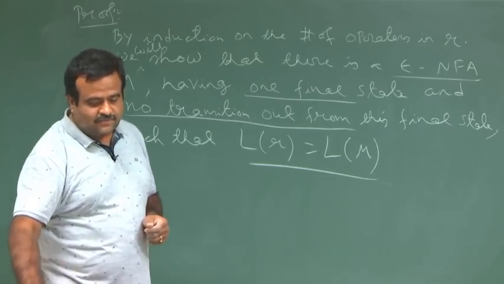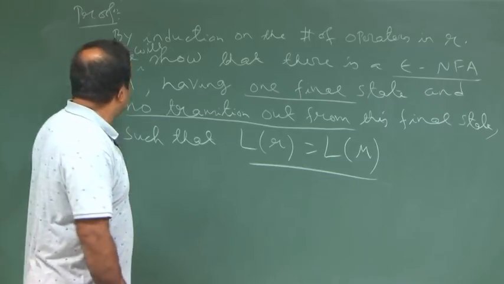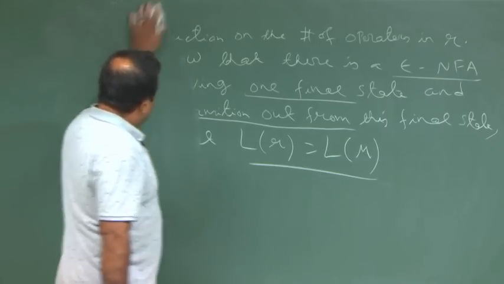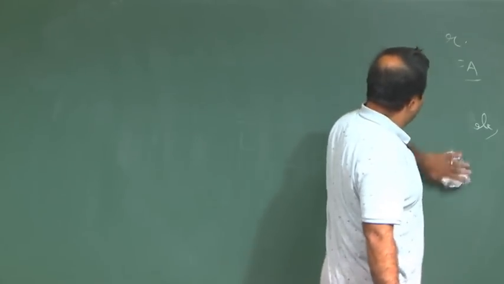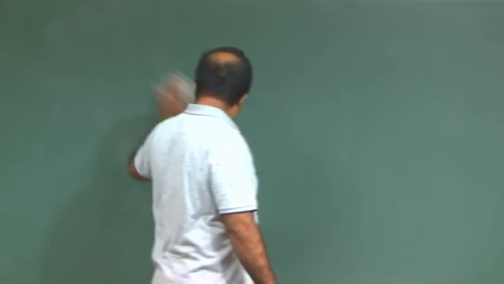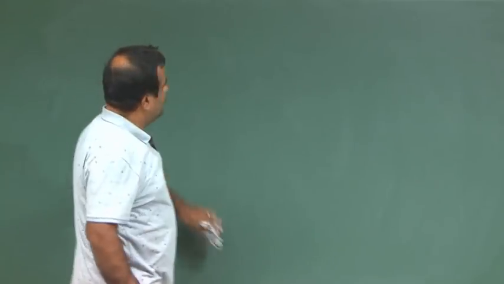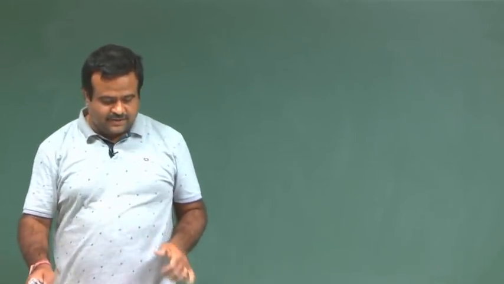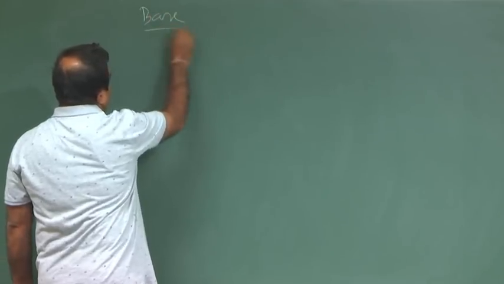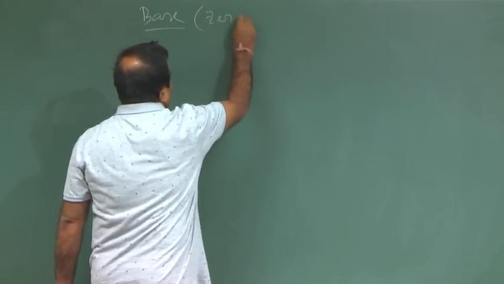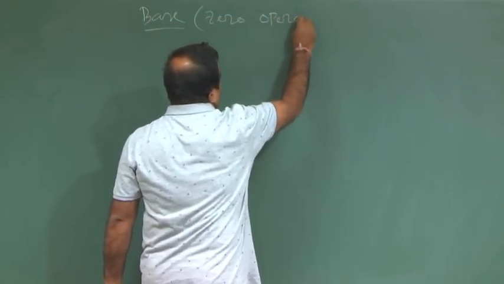So, let us first try to see the base case, the 0 operator, and we will see for the base case we have the epsilon NFA. Then we will go for the inductive step. Okay. So, this is the base case, that is the 0 operations.